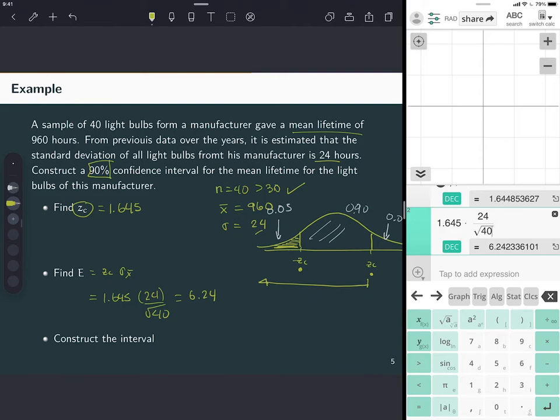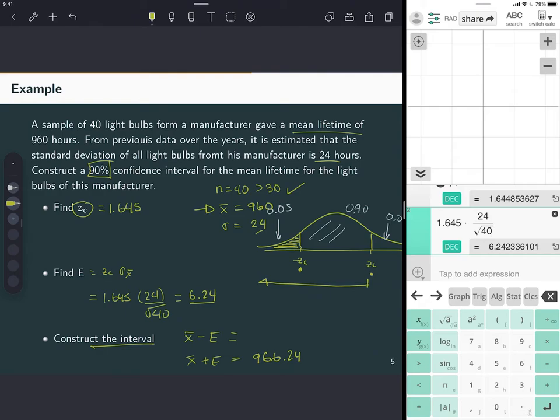So there we go. This is the margin of error, and I construct the interval. How do you construct the interval? It's just x bar minus the E and x bar plus the E. So pretty simple. My x bar was 960. So I can add it very easily. It's 966.24.